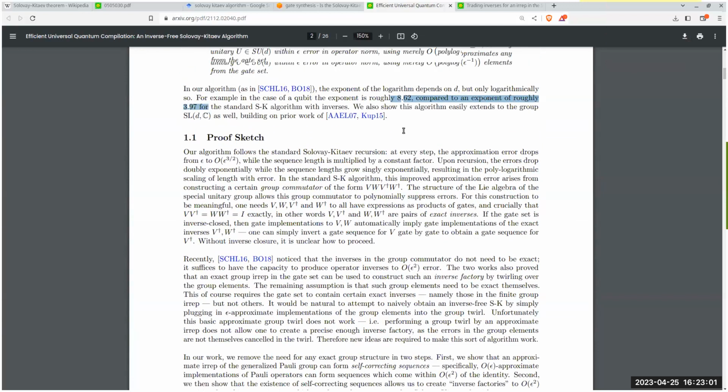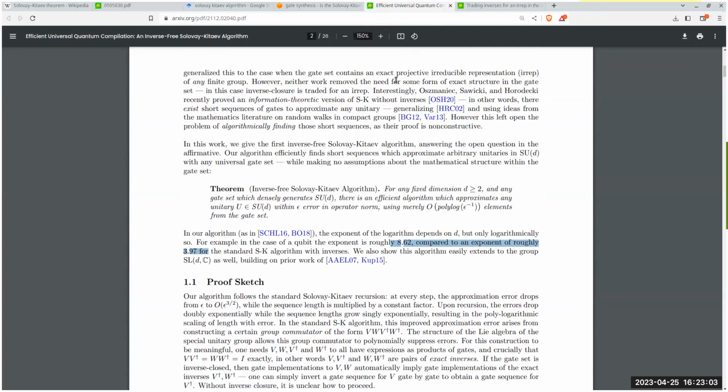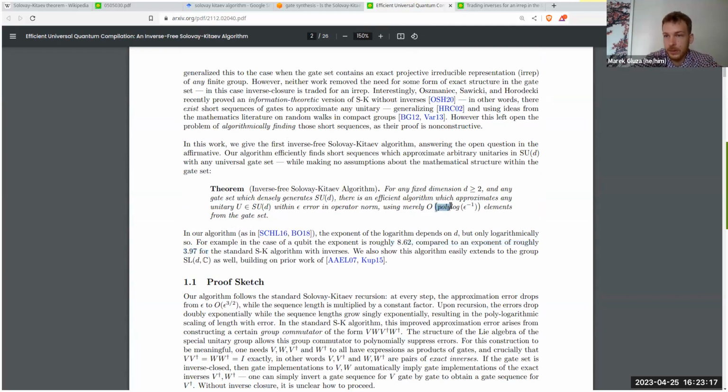It's not entirely, because the universal set is just general for now. Universal means existence, and it's a stronger reference to say efficient existence. Okay, and efficient means it's polynomial in some relevant parameter.